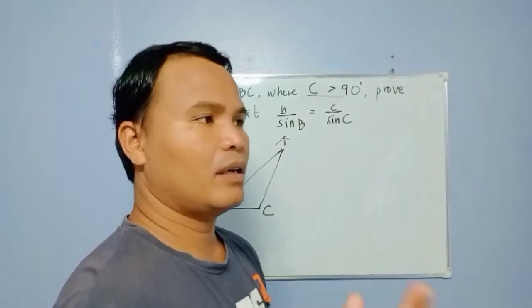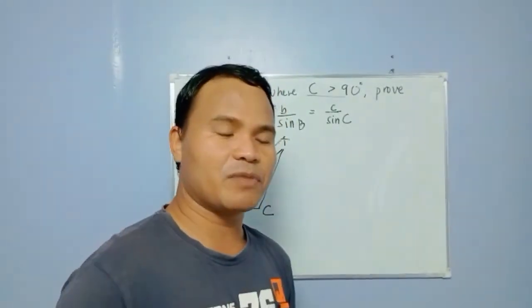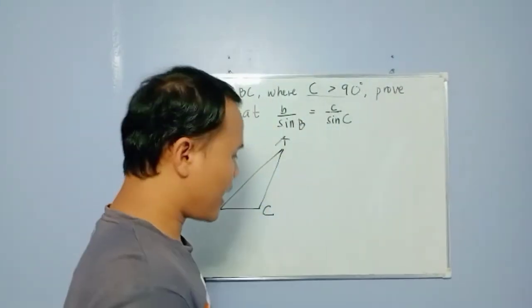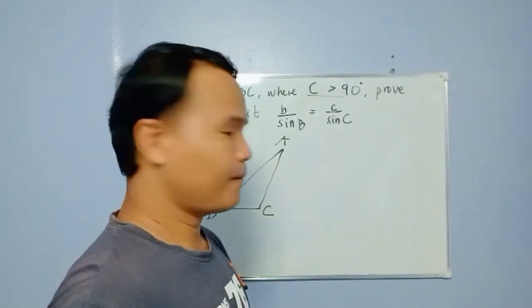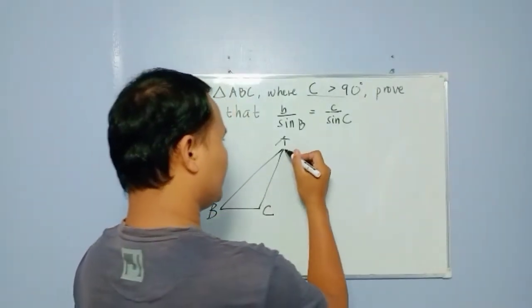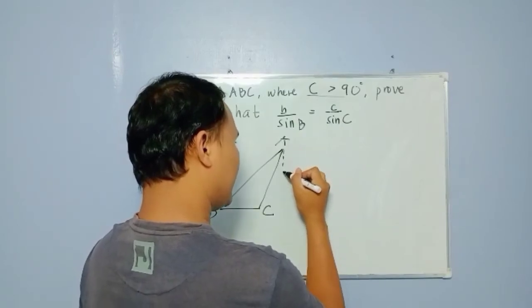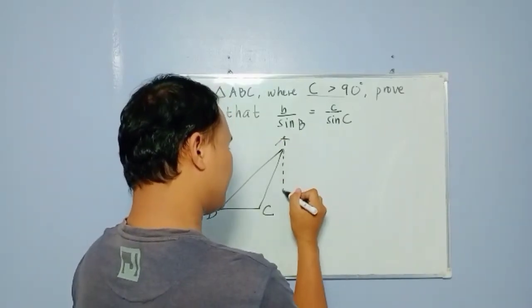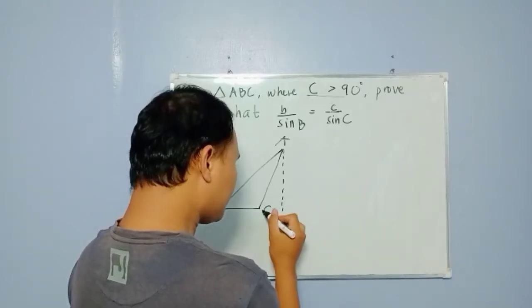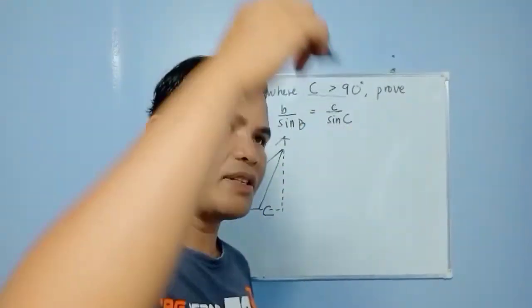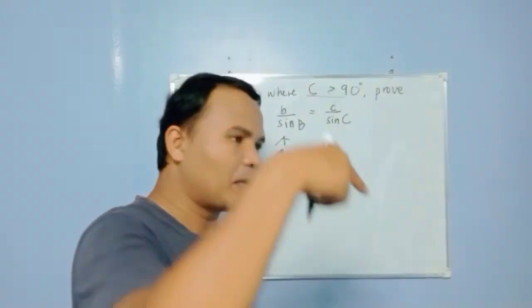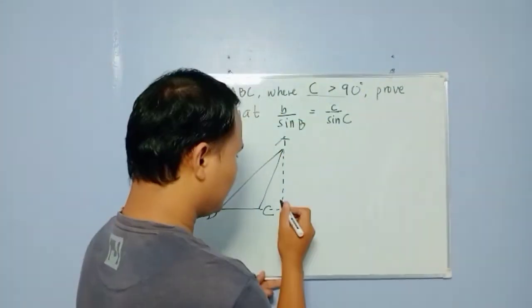Now, how can we use the trigonometric ratio, especially sine? Let us create a height of this triangle. Say this is the height from A to BC. When you see height, it is perpendicular to the base.